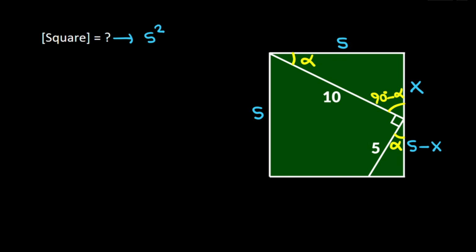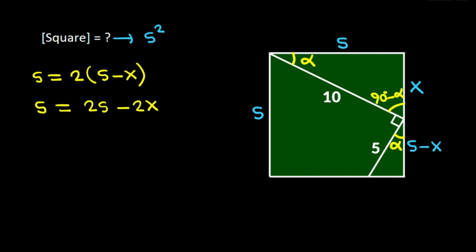That means the matching side, S, must be twice of S minus X. So we write S equals 2 times S minus X. Expand that. S equals 2S minus 2X. Rearrange it, and we get X equals S over 2.